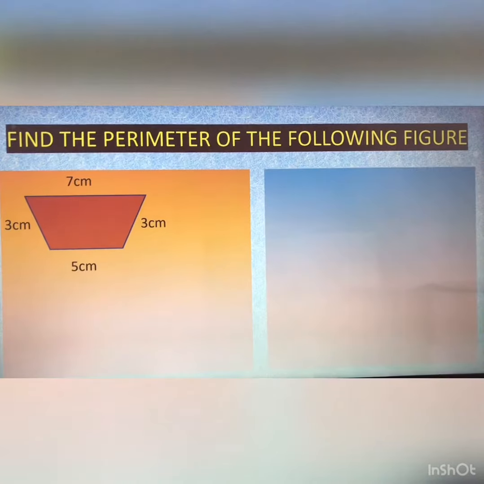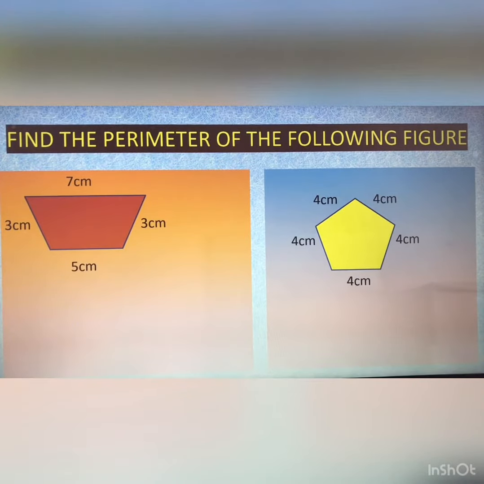So we can find the perimeter of this trapezium. How much is the perimeter? That is 7 plus 3, 10, and 10 plus 5, 15, and 15 plus 3, 18. So the perimeter of this geometrical shape is 18 centimeter.